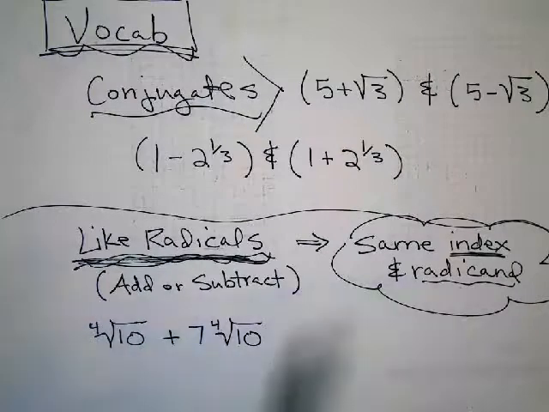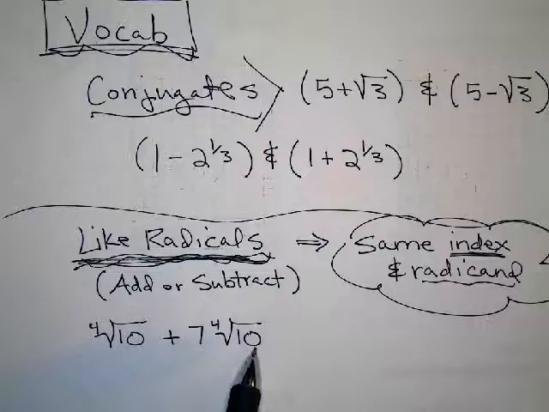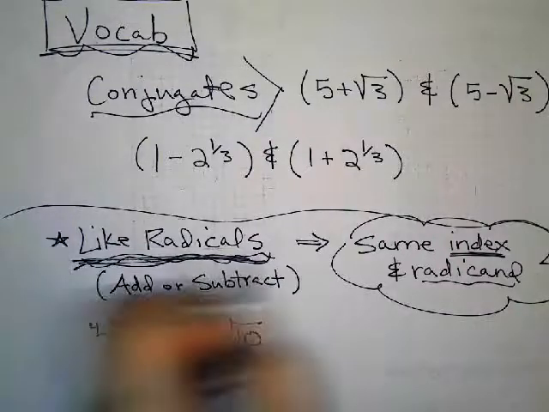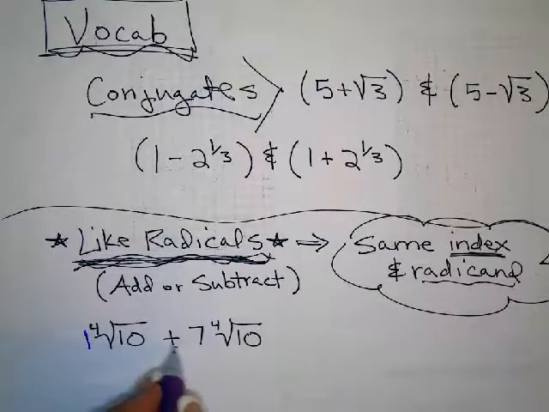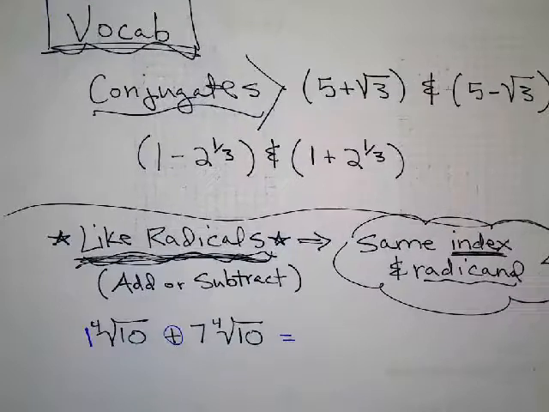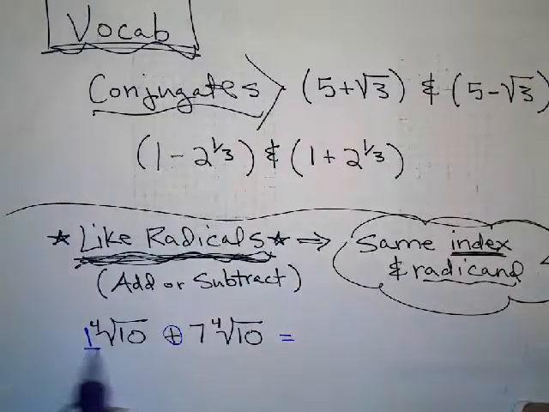So if they are like radicals, then we can go ahead and add. So I think about what's really in front of this 4th root of 10 could be a 1. So if I do add them together, how many 4th root of 10 do we really have if I have 1 plus 7? 8.